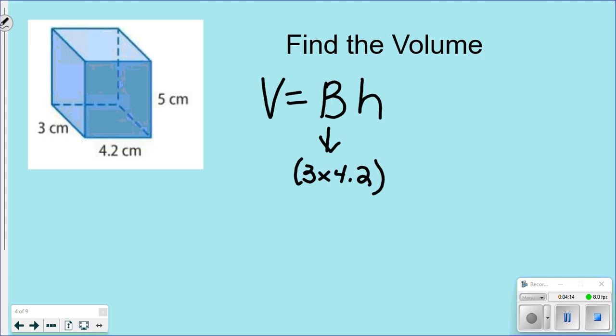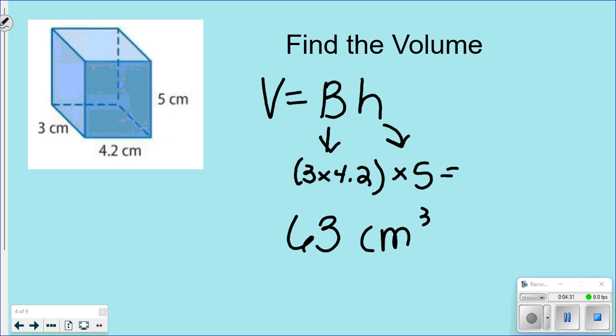So it would look like this. And that's going to give me the volume of the whole thing. Like I said, the ones with the square or rectangular bases are seriously the easiest. And this would be 63 centimeters cubed. It means I could fit 63 cubic centimeters inside of this prism.